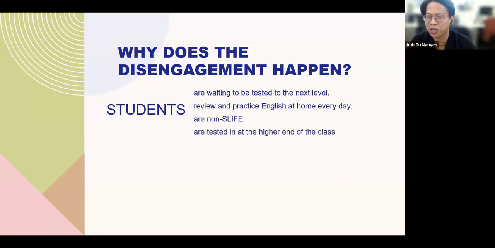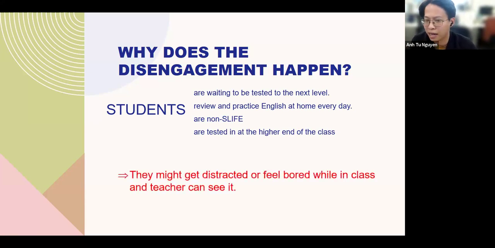Okay, and some students who are tested at a higher end of the class have the knowledge of that level, but are not yet ready to go to the next level. But comparing to other students in the classroom, they are still better, which led to they might get distracted or feel bored while they're in class, and the teacher can see it.